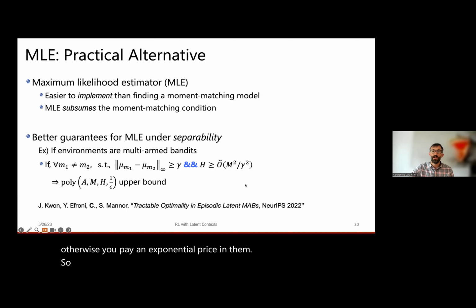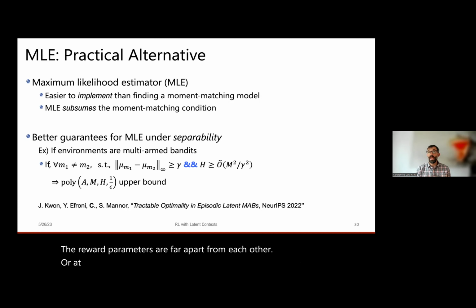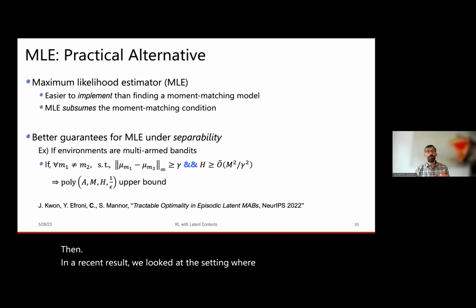So if, for example, the reward parameters are far apart from each other, or at least they have a gap, then in a recent result we looked at the setting where you just have bandits.